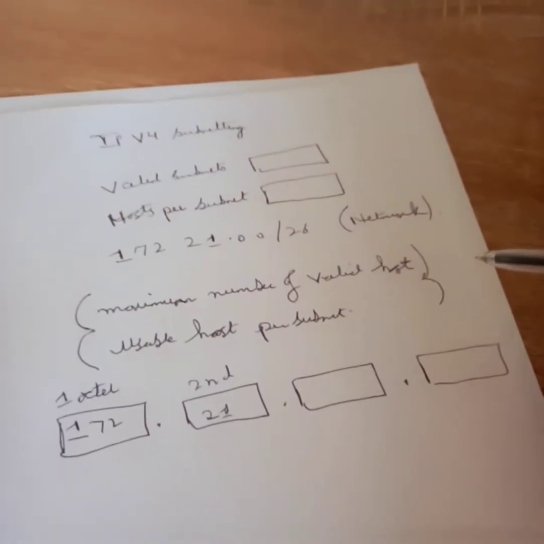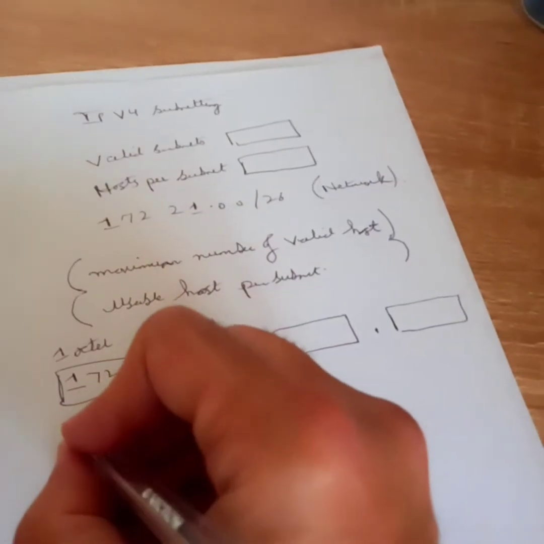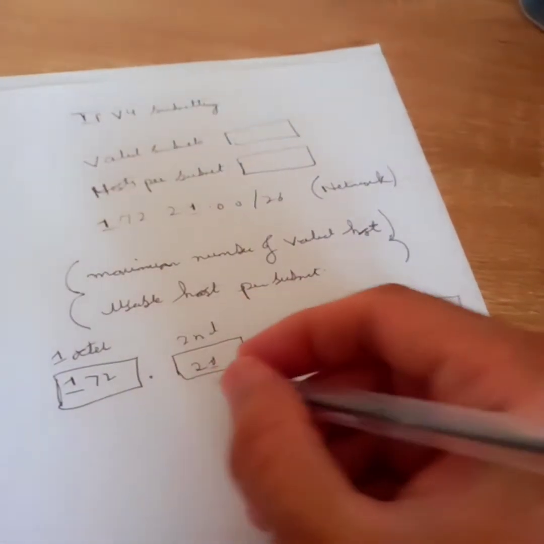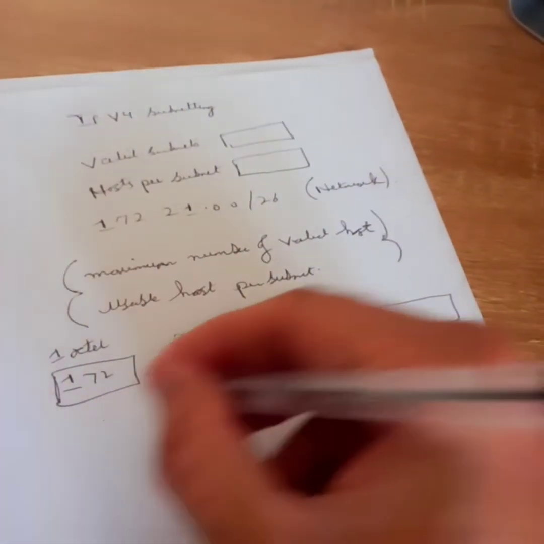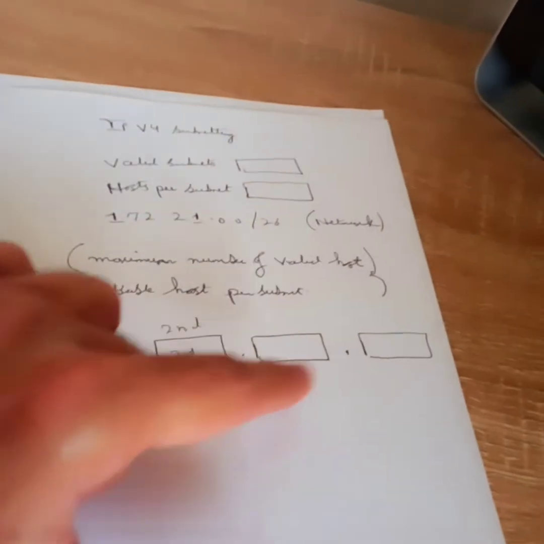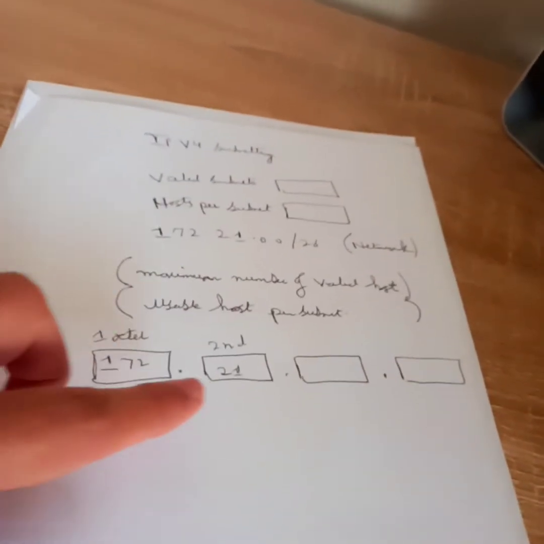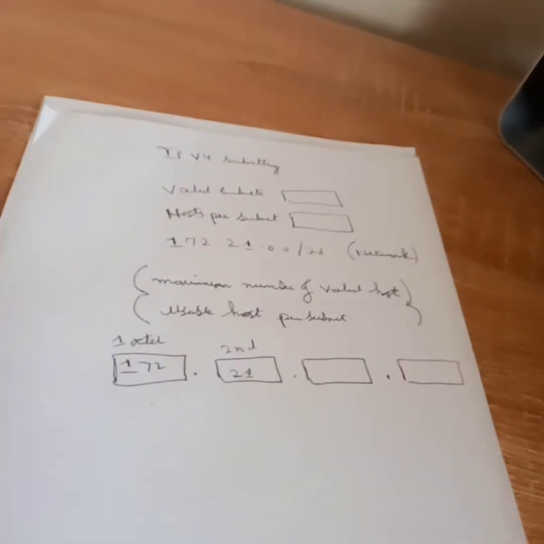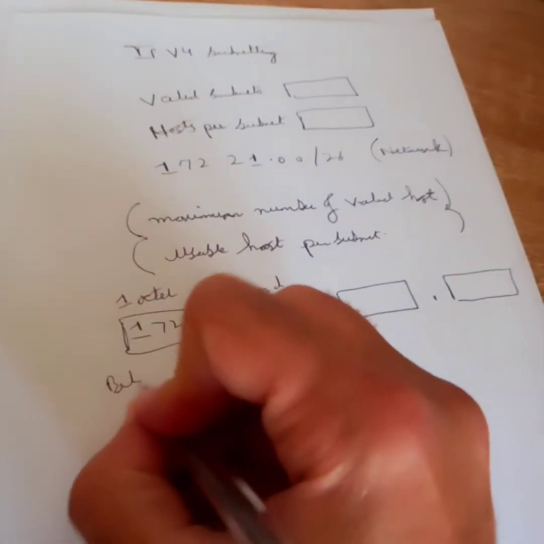Usually the bits are classified as 8 bits, 8 bits, so that's a 32-bit address. If you add 8 four times, the bits are usually displayed here.